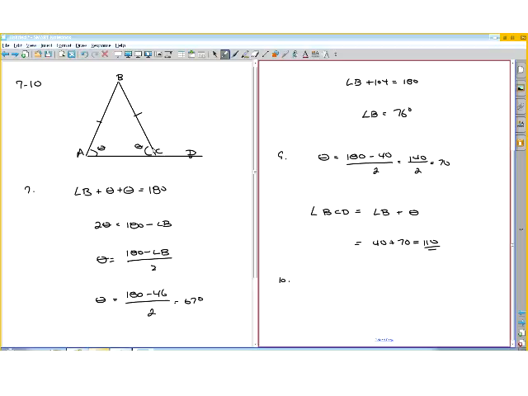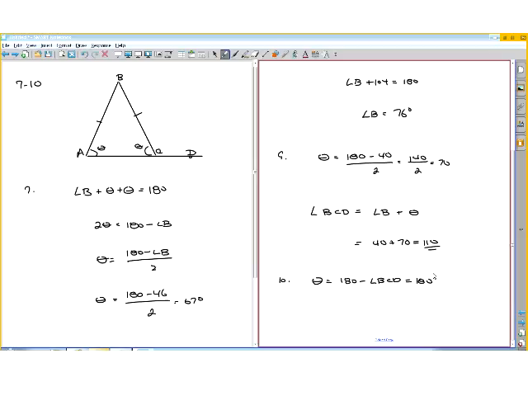If this is 100, then this has to be 80 because they have to add up to 180, since they're supplementary angles. So we know that theta is equal to 80. So what we did is we took 180 and subtracted angle BCD.